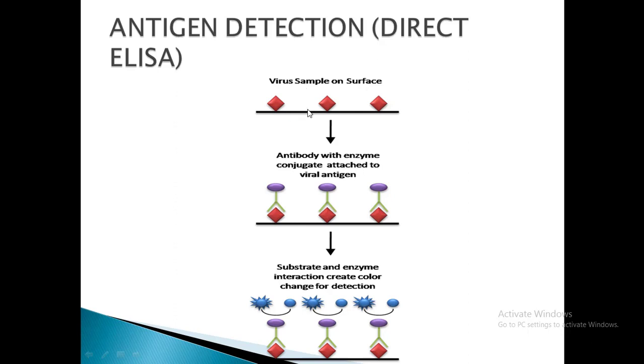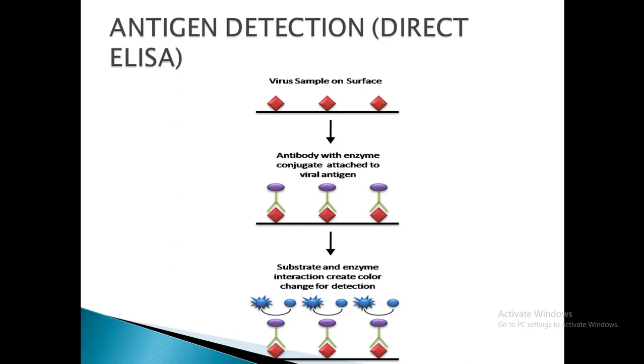Now the remaining surface will be coated by the various protein present in the serum. Now what happens in the next step is antibody with enzyme conjugate, antibody which is bound with an enzyme, that is known as conjugated antibody, is applied into the well surface.